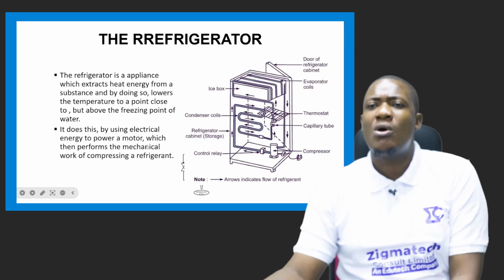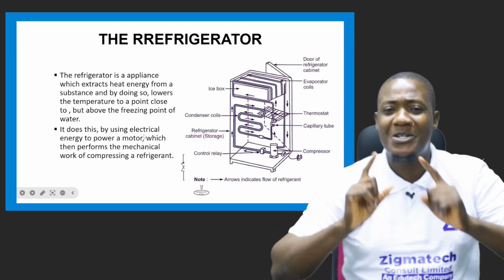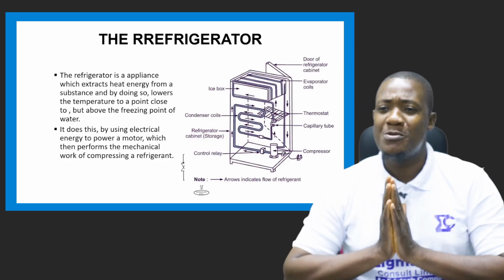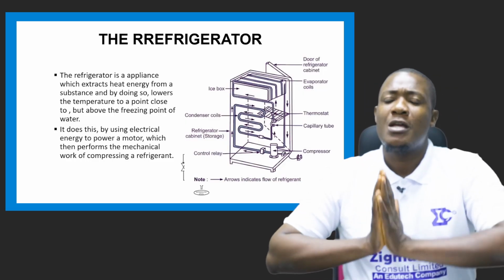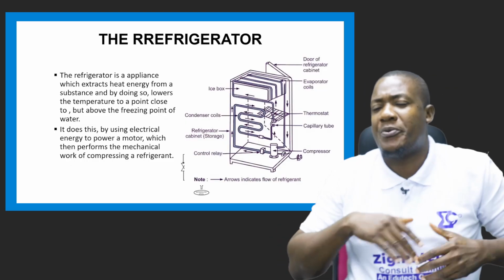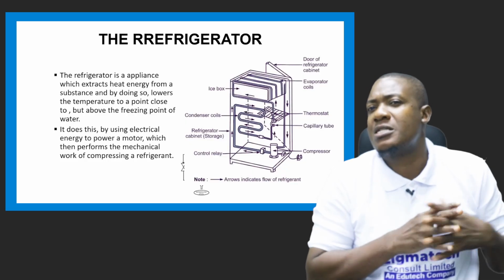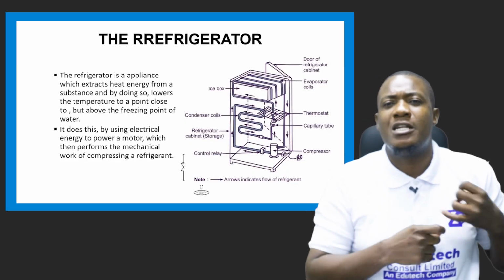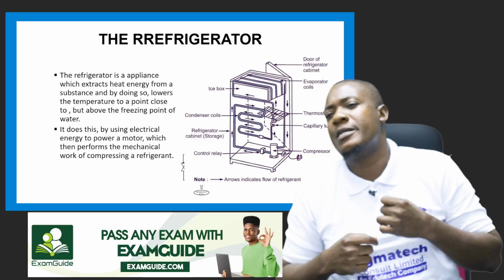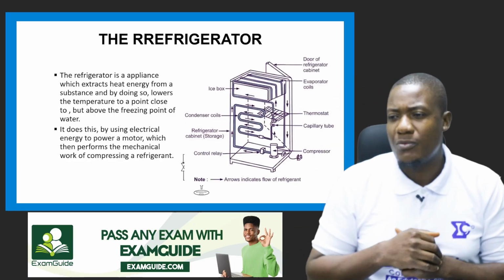Now, there is also another device that you would never believe operates because a part of it is able to convert electrical energy into mechanical energy, and that is the refrigerator.